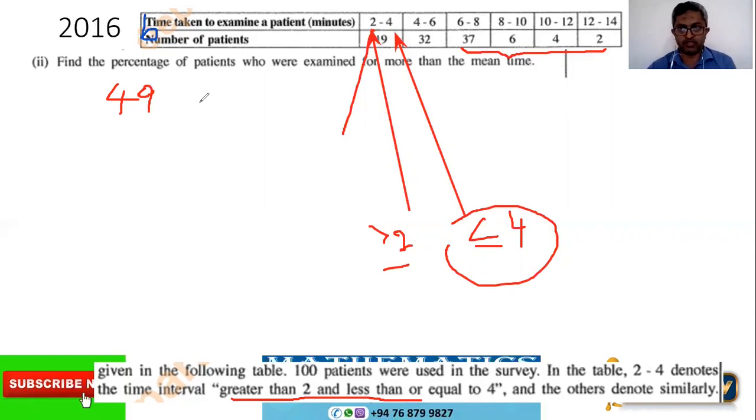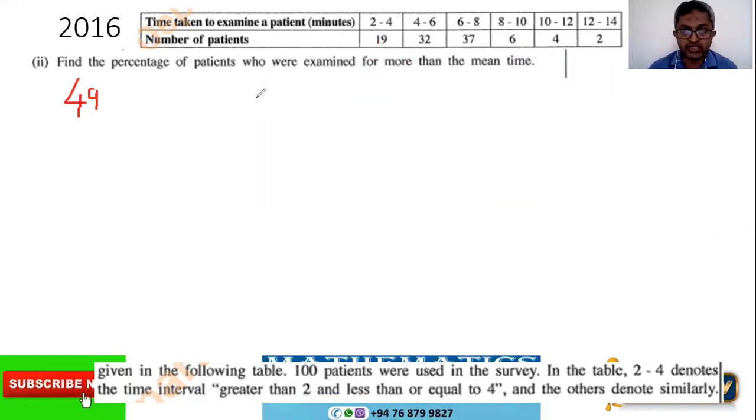Now the question is to find the percentage. So 49 out of how much? The total number of patients examined is 100. That means the answer is 49%.